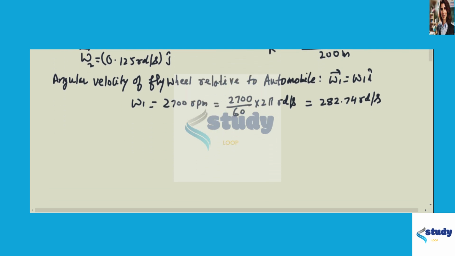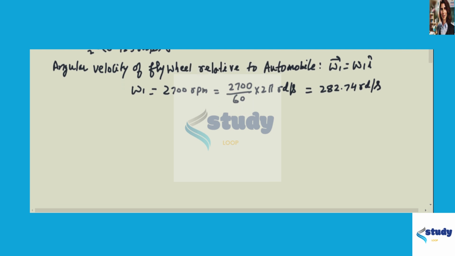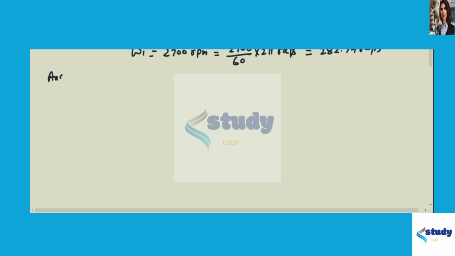Angular momentum of the flywheel about the center of mass would be Ix omega 1 i cap plus Iy omega 2 j cap.